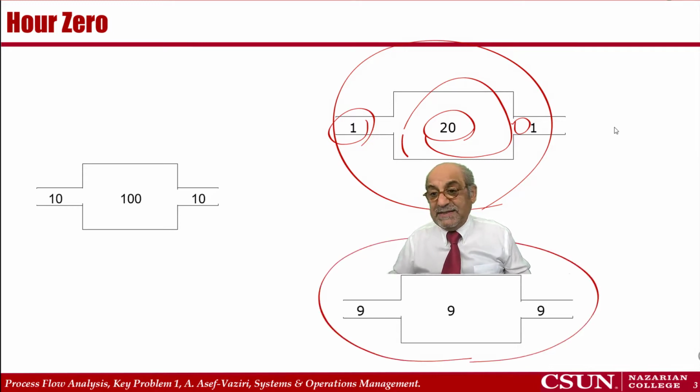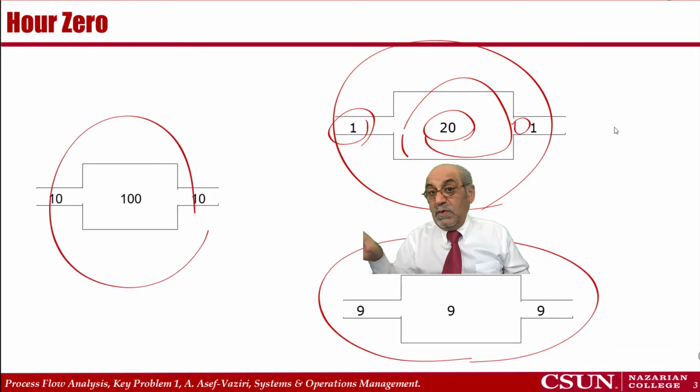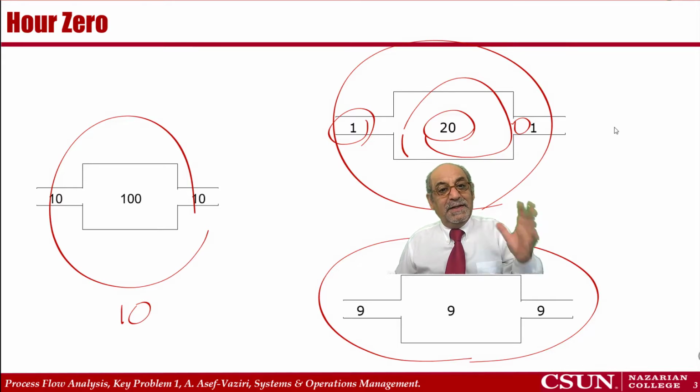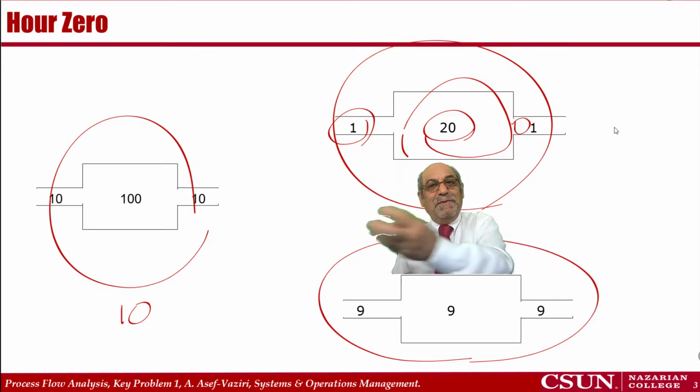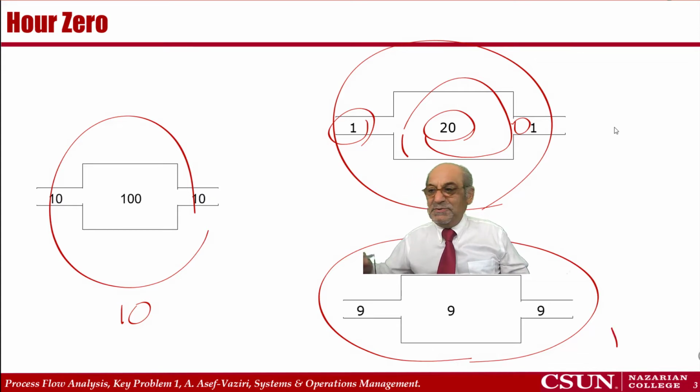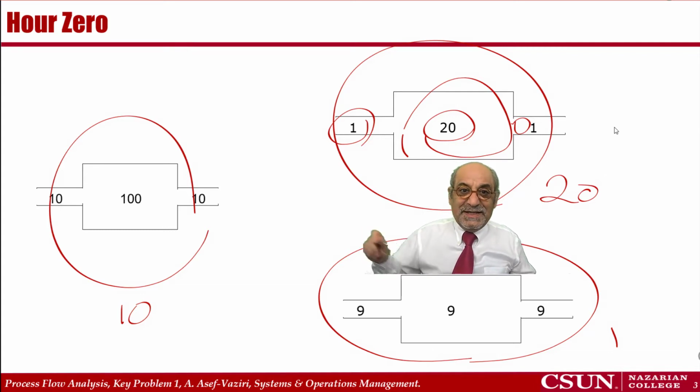This one always has 9 gallons. And this one always has 100 gallons on average. So it takes 10 hours for a flow unit to pass through this process, 1 hour to pass through this process, and 20 hours to pass that process.